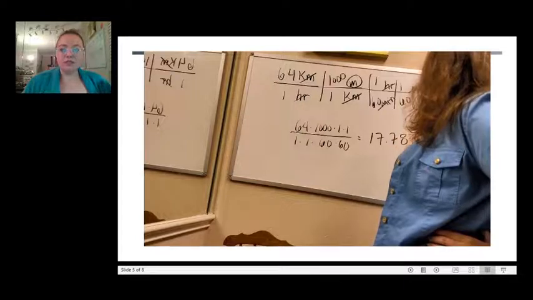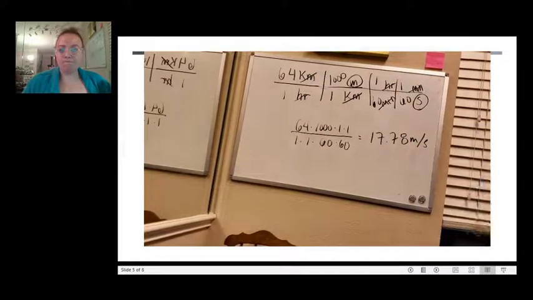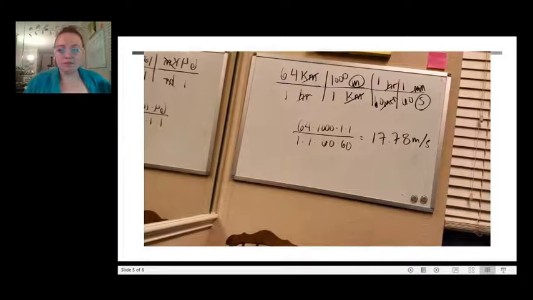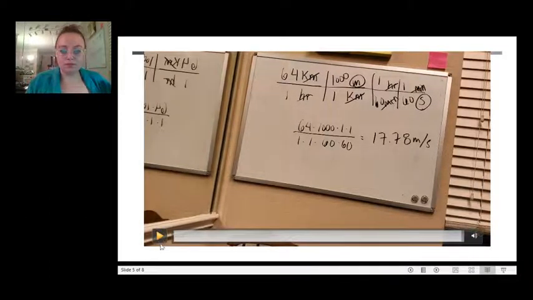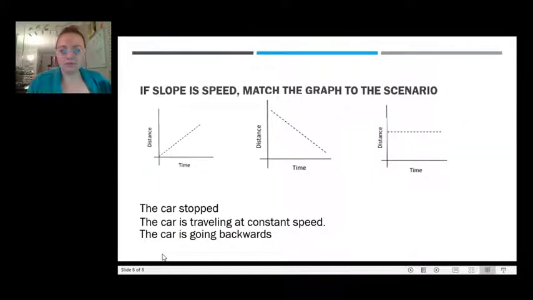So we get 17.78 meters per second. So now we want to know, if we're given a graph, what's happening. If the car is stopped, what does that look like? If we're going at a constant speed, and if we're going backwards.